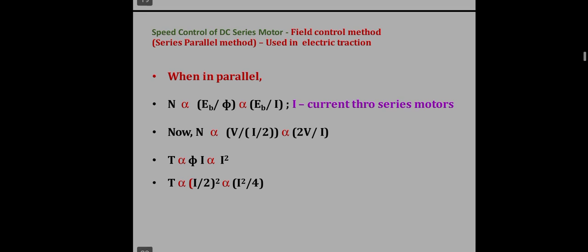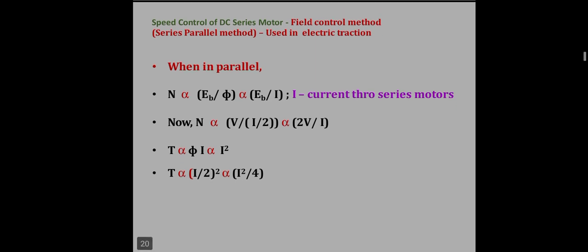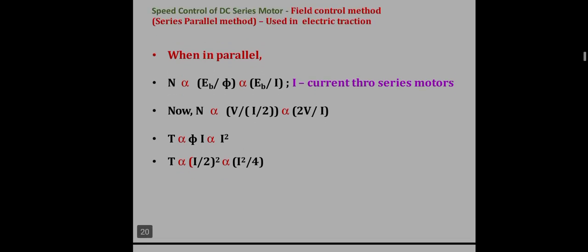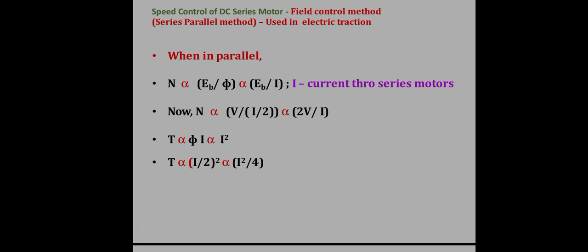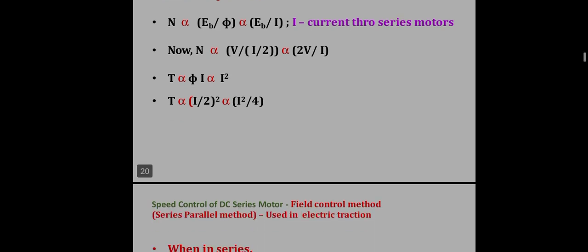In series parallel, when in parallel, N is proportional to Eb by phi, and N is proportional to Eb by I, where I is the current through the series motor. There is only one current, field current, line current or armature current. All the currents are the same in series. N is proportional to (V by 2) by I, which is proportional to V by 2I. And we know that torque is proportional to phi Ia, which now becomes I square, so with I by 2 whole square, I square by 4.